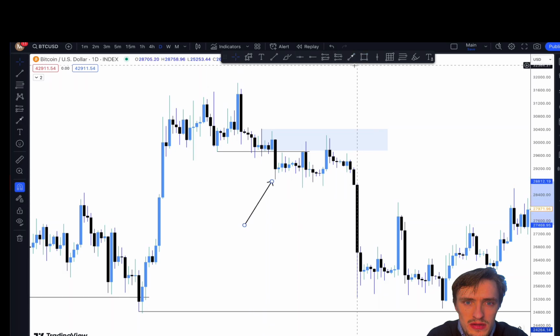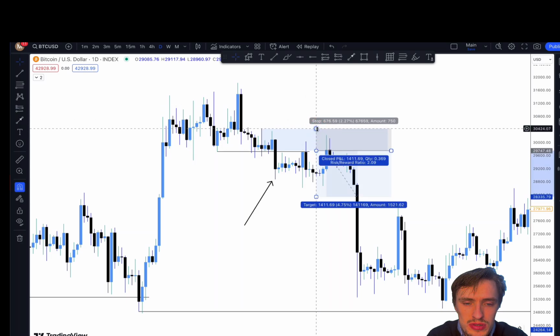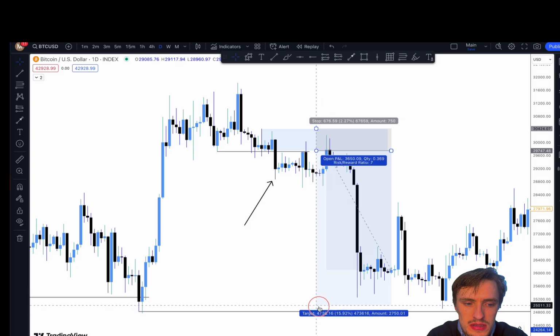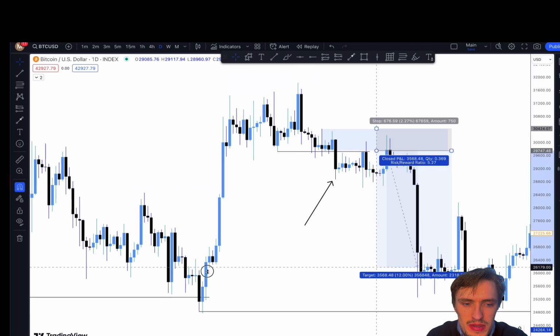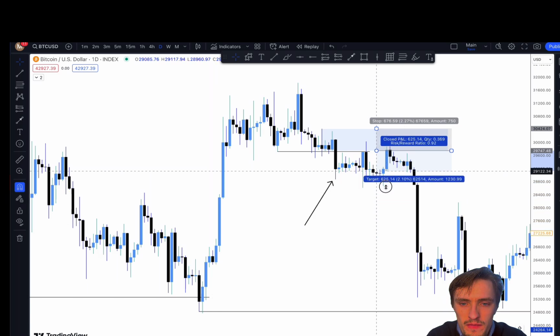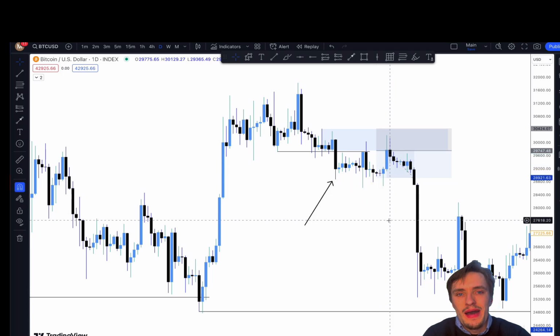So when this candle is formed, you set up a short position, and you may target this low or maybe this low, or go for a 1-to-1, which is a much higher win ratio strategy.